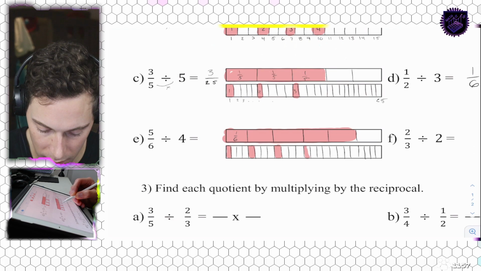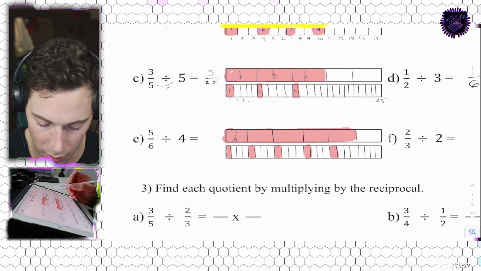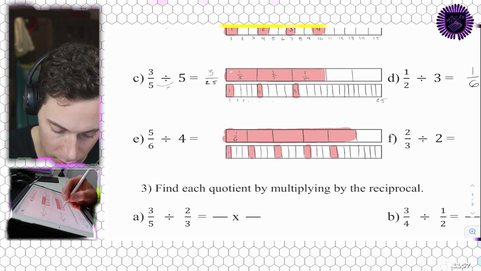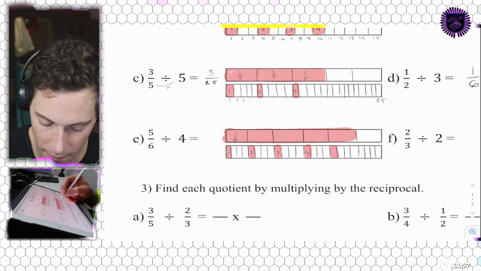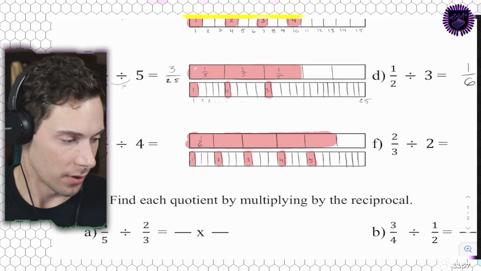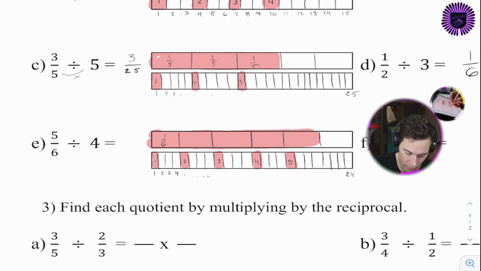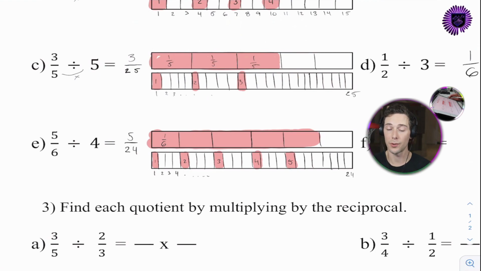It's 1/24, for a total of 1, 2, 3, 4, 5. 5/24. So there's 1, 2, 3, 4, all the way up to 24. It's 5/24.